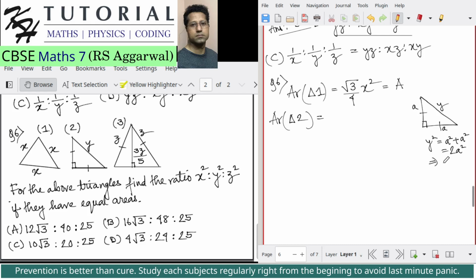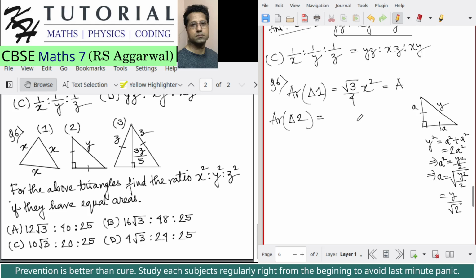This implies a square is equal to y square by 2. This implies a, that is the length of each arm or leg, will be equal to square root of y square by 2, which is equal to y by square root of 2. So the area of the right angle isosceles triangle will be half into base into height.